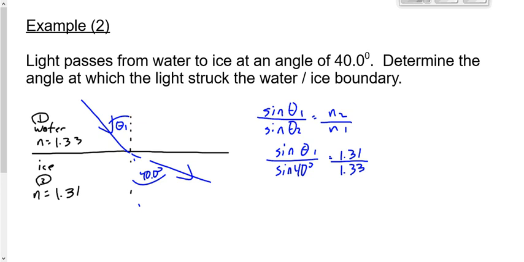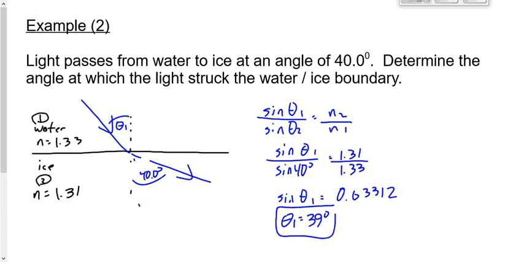Let's figure this out. 1.31 over 1.33 is equal to 0.9849. We times that by sine 40, and we end up getting sine theta 1 is equal to 0.63312. Now we're going to take the inverse sine of that, second function sine, and we get a value of 39.3 degrees, or round to 2 digits, 39 degrees.